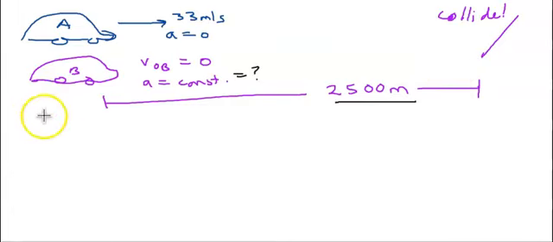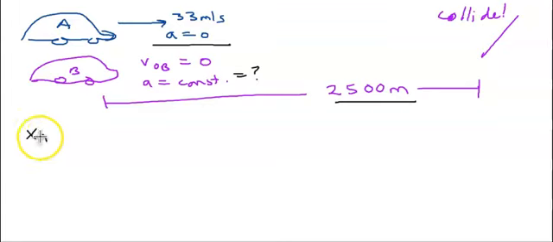So it is also kind of practicing the skill of thinking about two different objects and what's true for each one of them. So in order to find A for this car B, we're going to need to know when the collision happens. Like, we know where it happens, but we're going to need to know what time, sorry.